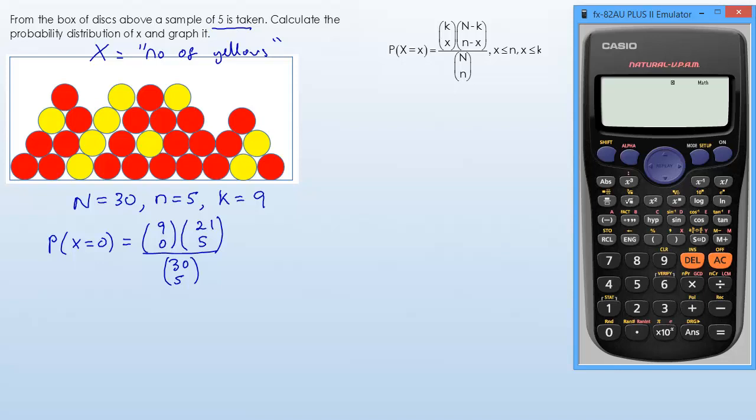So let's put it in a fraction template. We'll have 9C0, of course you can do this on the class pad as well, multiplied by 21C5 all over 30C5.